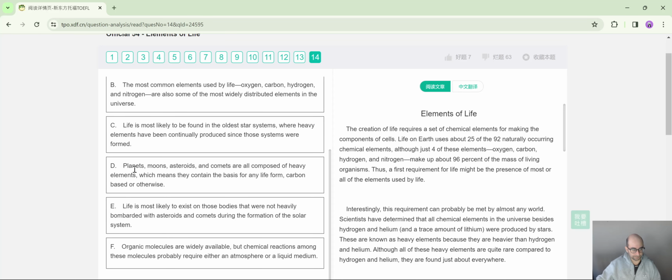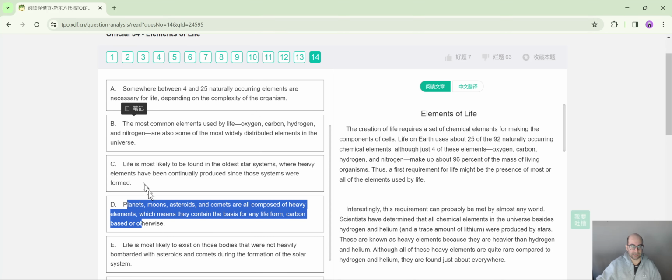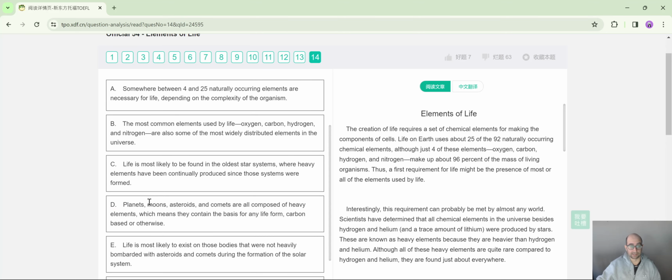All right, so choice D, planets, moons, asteroids, and comets are all composed of heavy elements, which contain the basis for any life form, carbon-based or otherwise. Okay, I remember they kept talking about the heavy elements and planetesimals over and over again. So I think D sounds right, so we can drop D in the box.